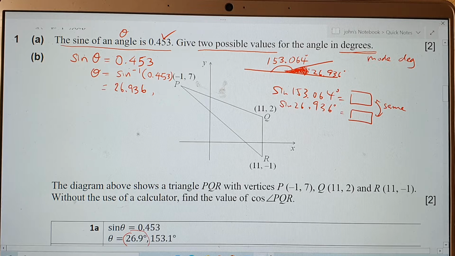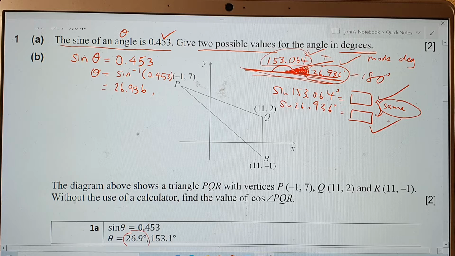Can you see that the sine of this particular angle is the same as the sine of this other, so-called adjacent angle? As long as two angles add up to 180 degrees, the sine of this angle will be the same as the sine of that angle. That is why there are two possible values for this angle.